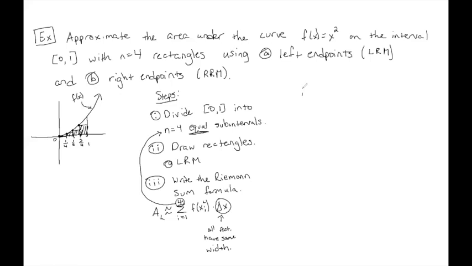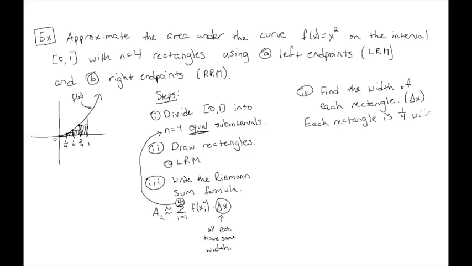So now my next step is to find the width of each rectangle. And we've already done that. And it should be obvious from the picture. In this case, in symbols, this is delta x. And in this case, each rectangle is 1/4 wide.